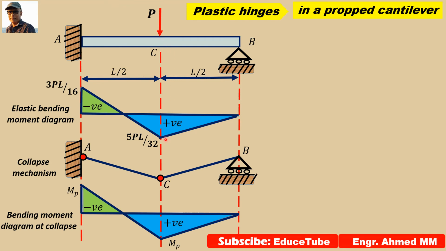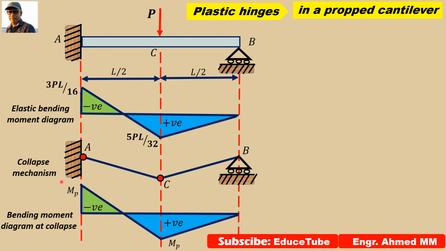And as we know already, this hinge formation has already happened. So here we can consider this plastic moment MP, because we know this plastic hinge is already formed. So the moment here will be MP.